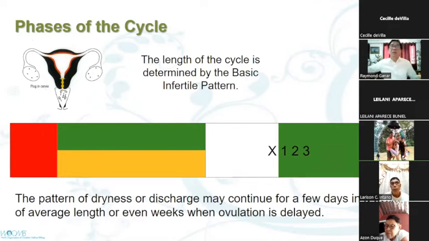It will be delayed, because the appearance of mucus is not yet available. How come the mucus is not yet available? Because the BIP extended. It goes beyond, maybe 2 weeks, maybe 3 weeks, maybe 4 weeks. So the extension of the BIP will now make the cycle a long cycle.